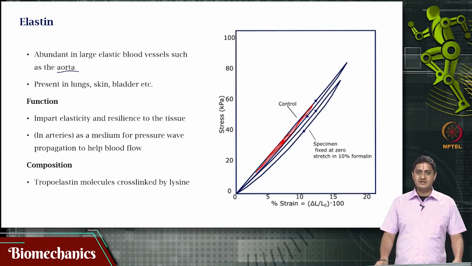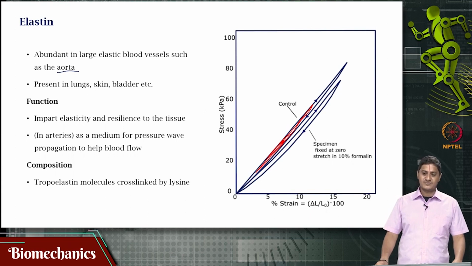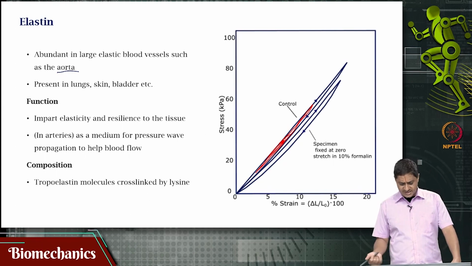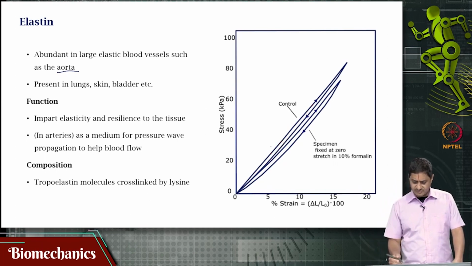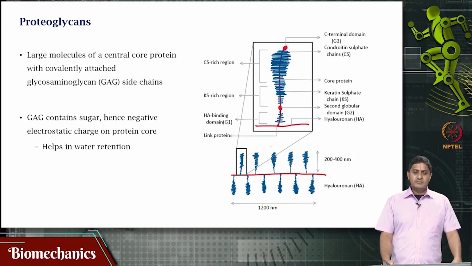In the previous week, we saw what viscoelasticity is and discussed some models of viscoelasticity. Remember, bone is viscoelastic and many other biological materials in the human body are viscoelastic. Likewise, elastin is also viscoelastic, as you will see from this stress strain curve.